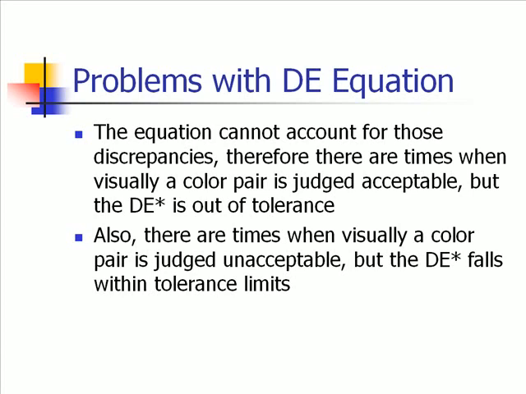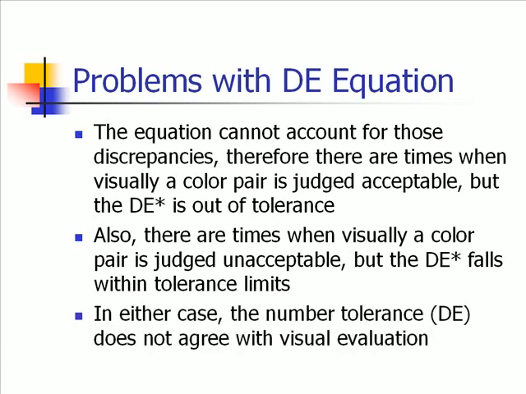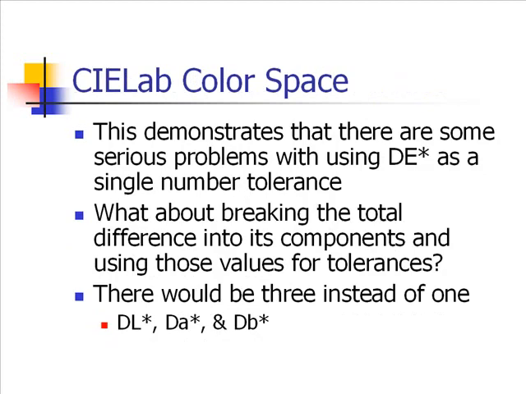So if you're using that in the plant to make that decision, they're either throwing out parts that are good because they would be acceptable to the customer, but the numbers don't say that, or they're shipping parts that the customer doesn't want that the number says is okay. This demonstrates that there are some serious problems with using delta E as a single number tolerance.